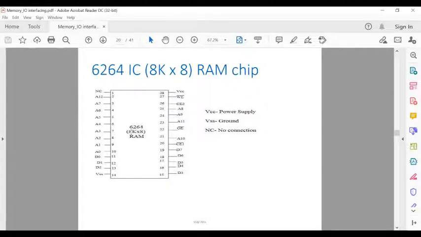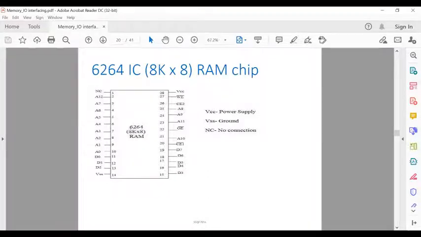How? All memory devices can be represented in this way: 8K cross 8, or 2K cross 4, or 2K cross 8, or 16K cross 8. This type of representation is used to represent the capacity of each memory IC.